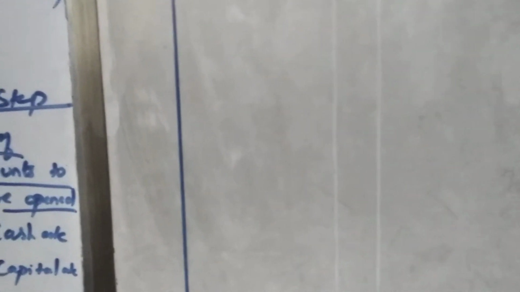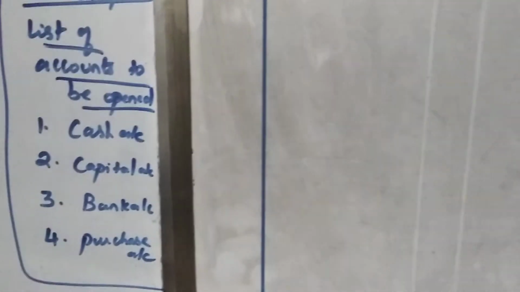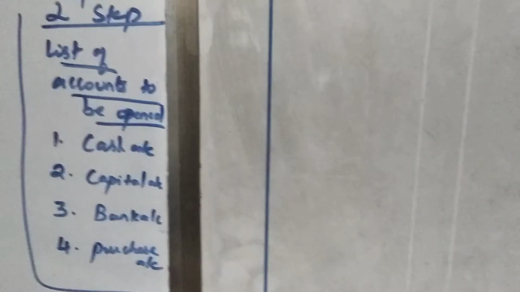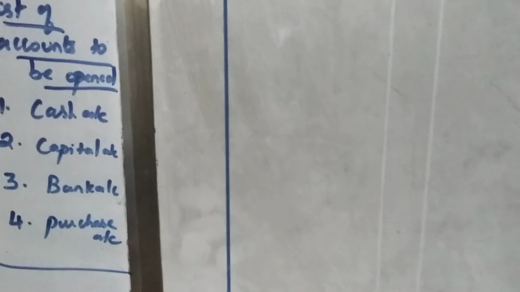Cash. So write it in the middle. Cash account. Leave some gap and then open the next. We have a lot of cash transactions, so you need to leave enough space for cash. And then I am going to start with the capital.